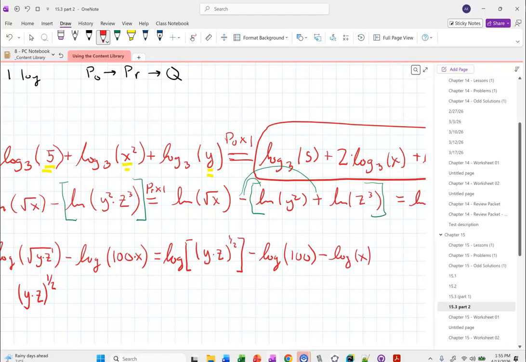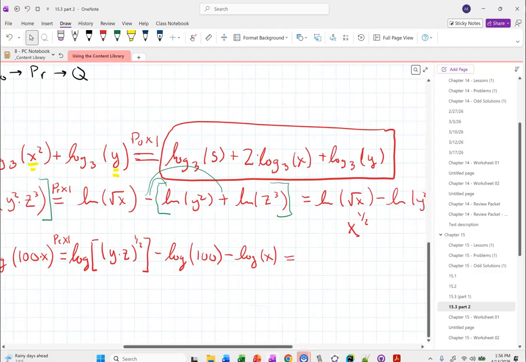Distribute the negative, right? So it should be minus instead of plus. Everybody's okay? Yeah. All right. Next up is the power property. How many power properties do you see?